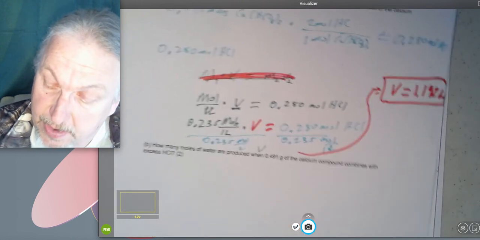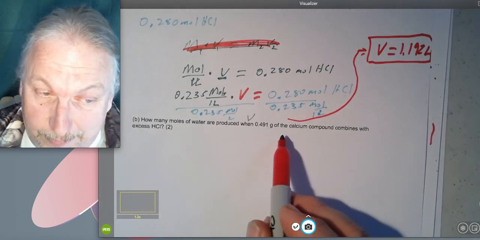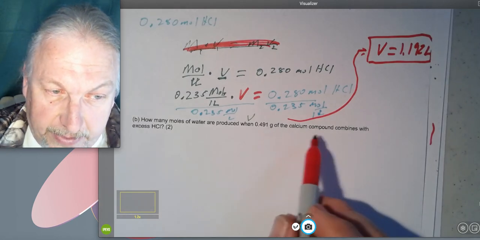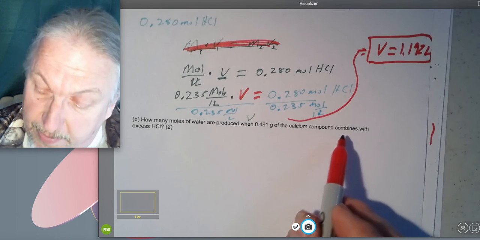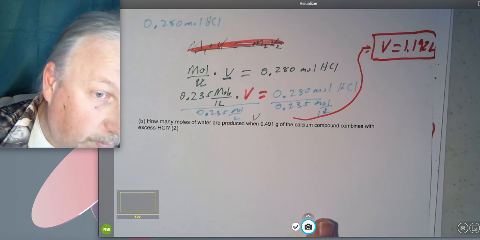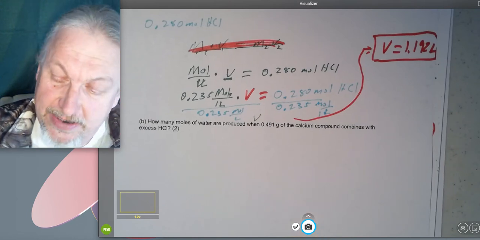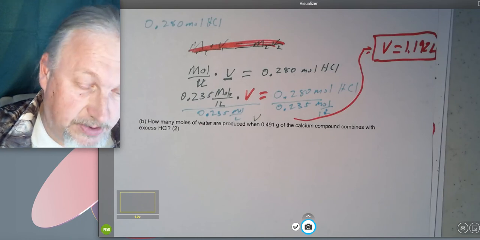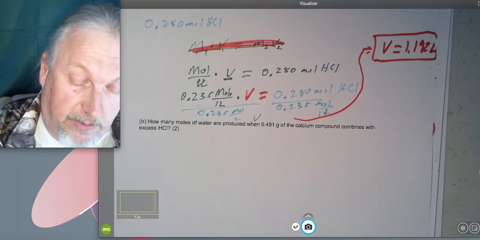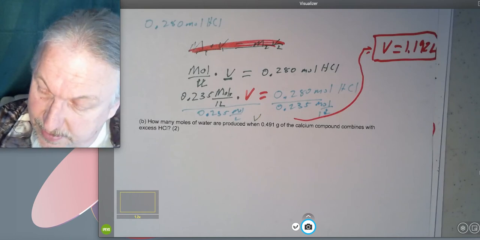So how many moles of water are produced when 0.491 grams, we've got to convert to moles, of the calcium compound combines with excess HCl? So if we have more than 1.192 liters, that's the excess. Now I just have to do simple dimensional analysis or a BCA table or whatever. Let's go with that.